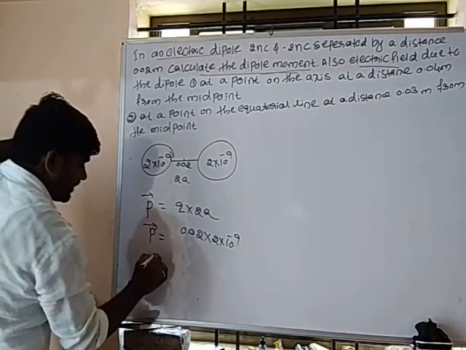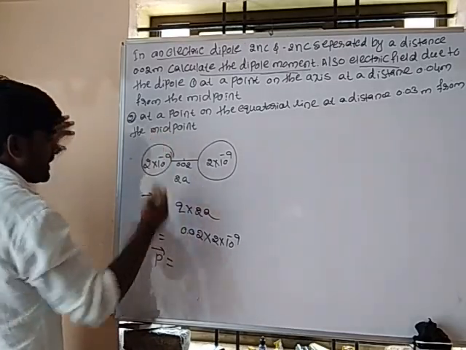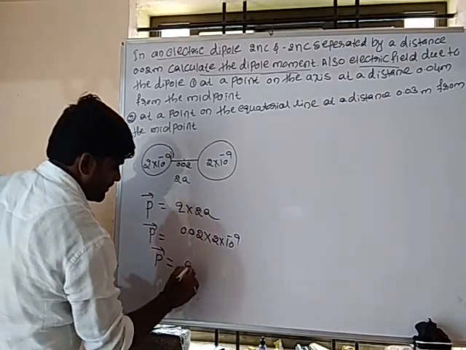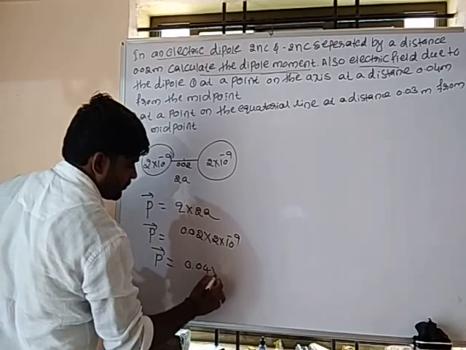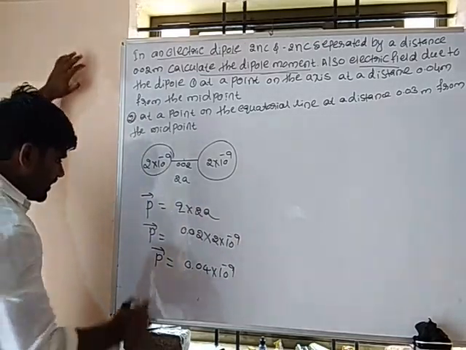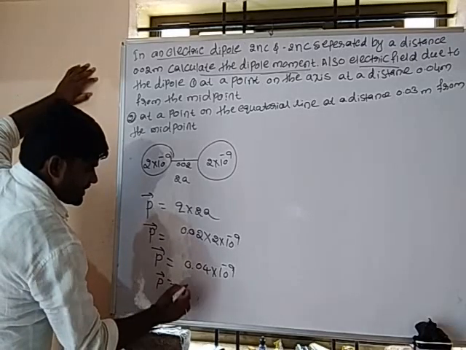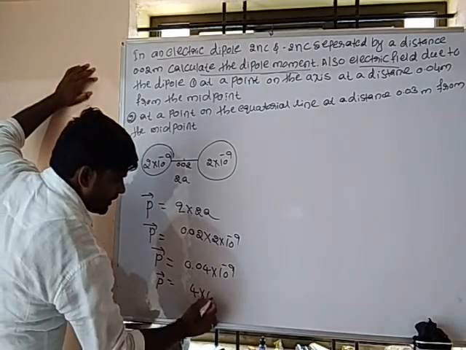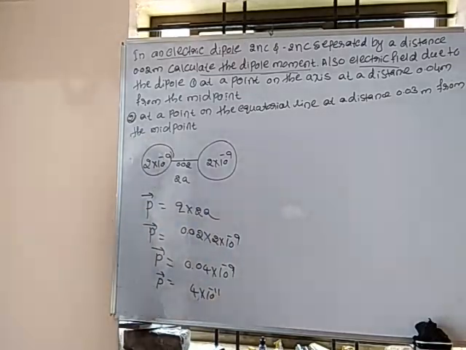Then what is that dipole moment? It will be 0.04 into 10 to the power minus 9. Then this P is equal to 4 into 10 to the power minus 11.